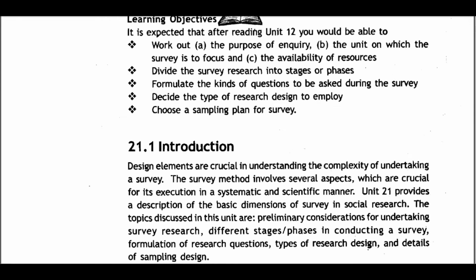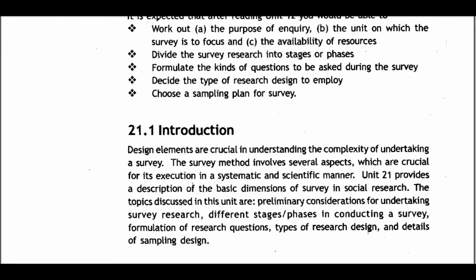2.1 Introduction. Design elements are crucial in understanding the complexity of undertaking a survey. The survey method involves several aspects which are crucial for its execution in a systematic and scientific manner.